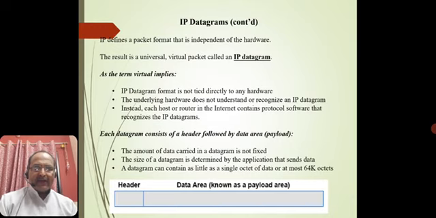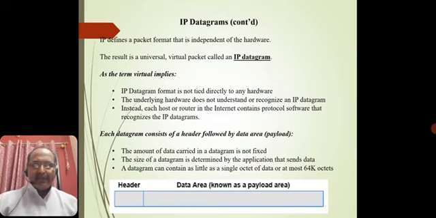Only a physical address of that particular layer will address the conflict between one IP address system and another system. Instead of that, each host and router in the internet contains protocol software that recognizes IP datagrams.